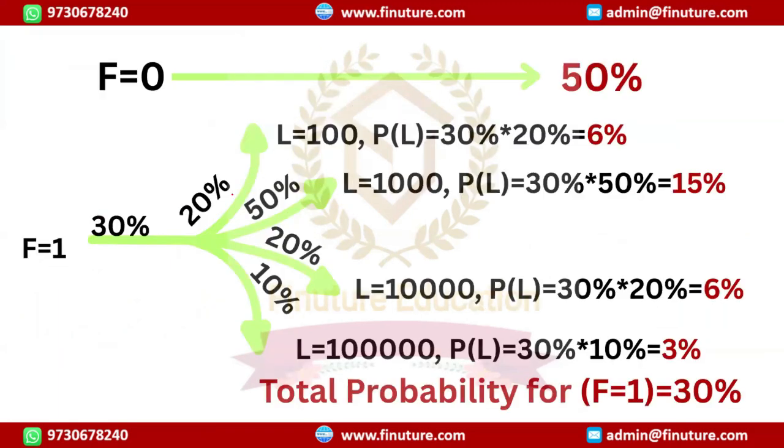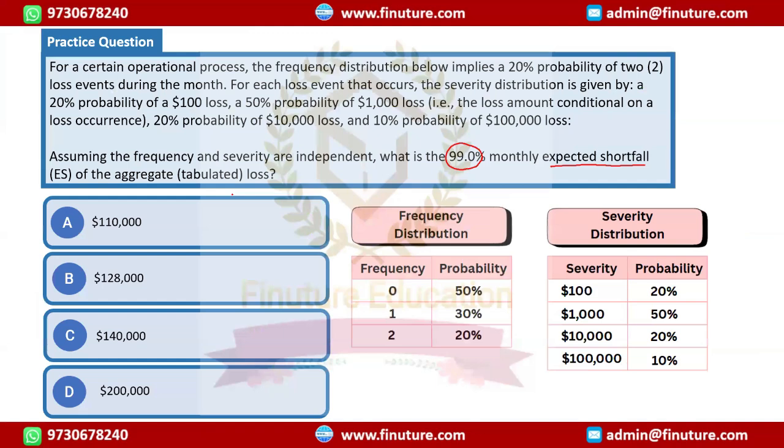Coming back to the question, if you look at this probability distribution, frequency 0 has a 50% probability, and there would be no severity if that is there.